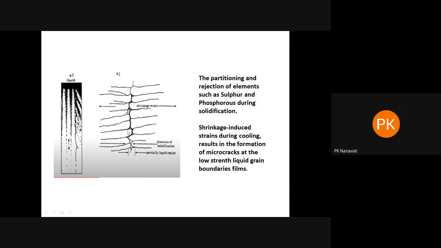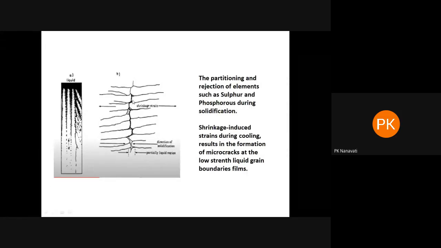When your weld is undergoing cooling, shrinkage stresses will develop, and this liquid film will not support the stress. So there will be a disbonding, or a gap created between the grains, and you call it solidification cracking, right?